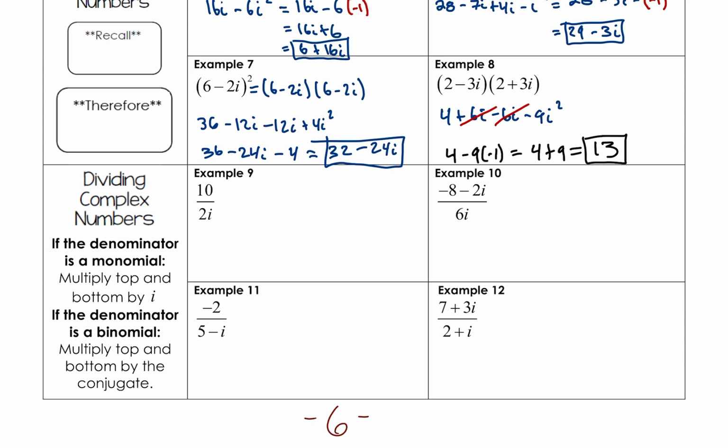On number 9, it is a monomial in the denominator, so I'm going to multiply both top and bottom by i. So 10 times i is 10i, and 2i times i is 2i squared.